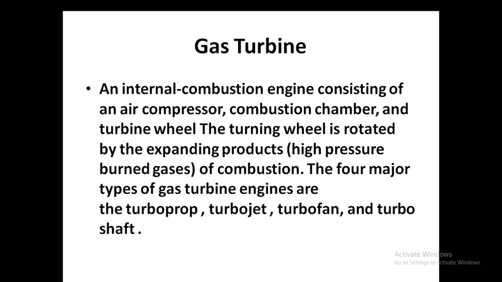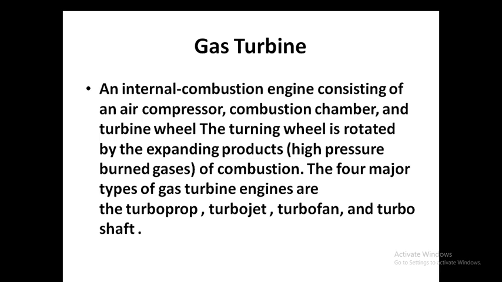So what is happening in this gas turbine? The compressor compresses the gases, then sends them to the combustion chamber, and in that combustion chamber the pressure and temperature of these gases increase due to combustion.